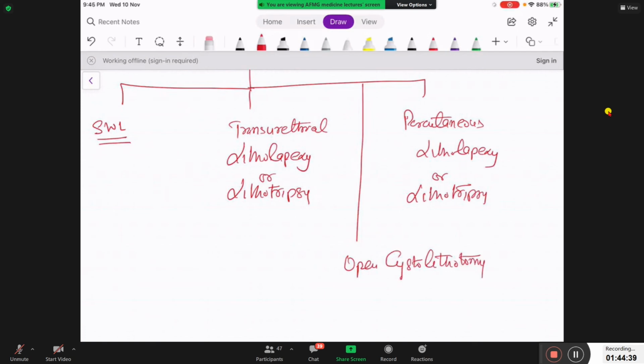Open cystolithotomy. Preferred is transurethral litholapaxy or lithotripsy. One more thing we just need to know here.